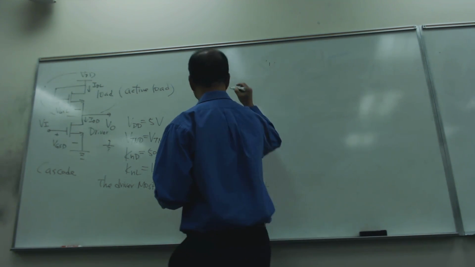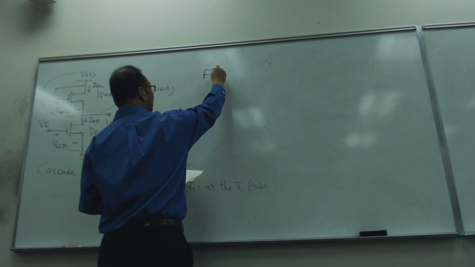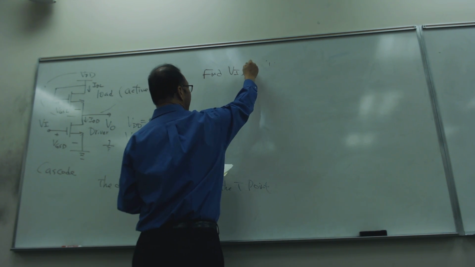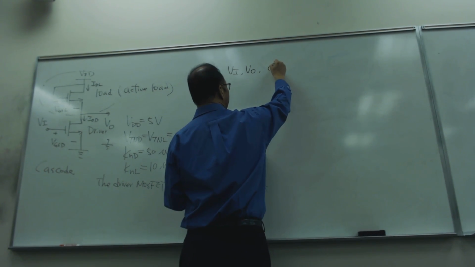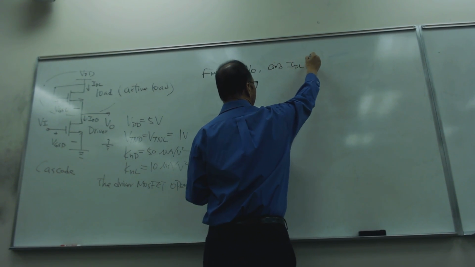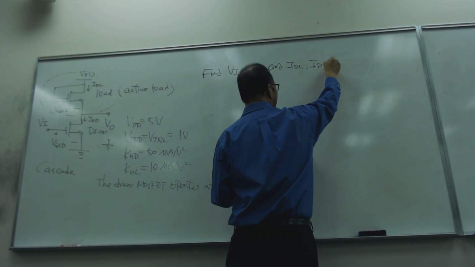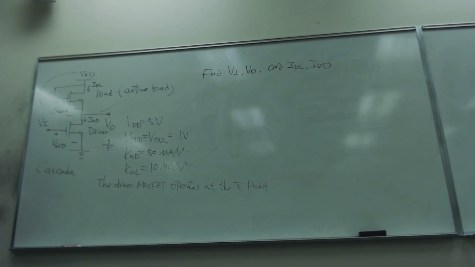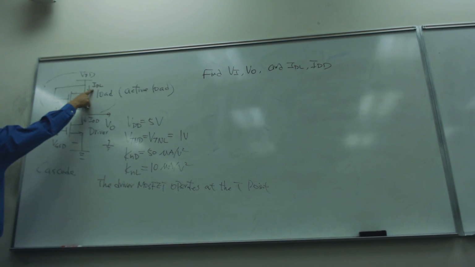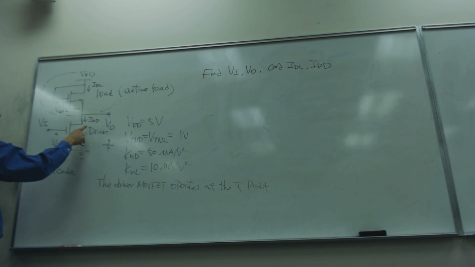So I want to find VI, VO, and IDL, IDD. So VO is here, right? That's the voltage, and it's down to the ground. VI is the voltage here to the ground. IDL here, IDD here, right?